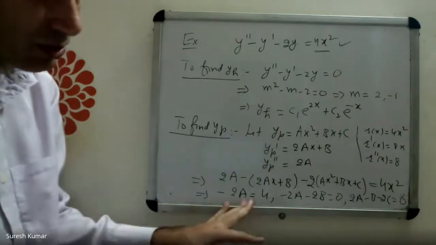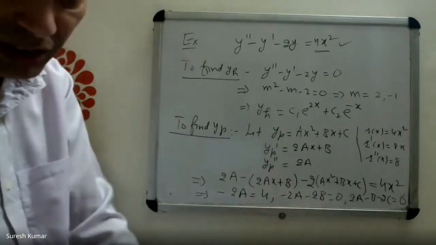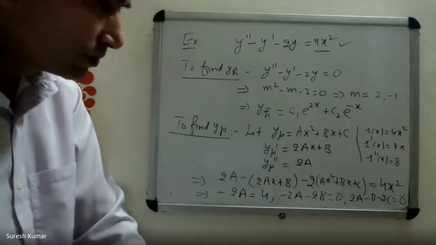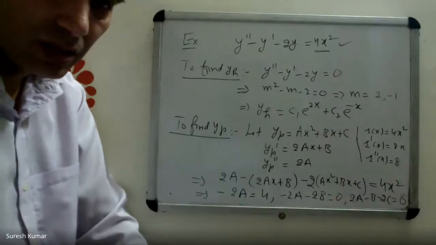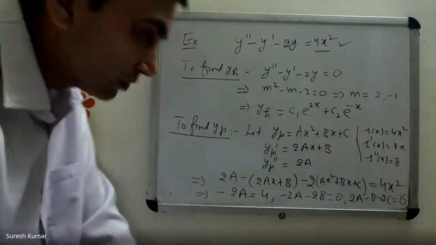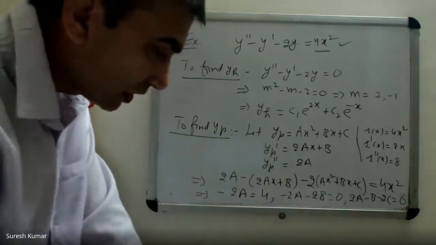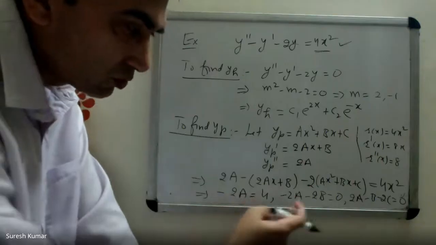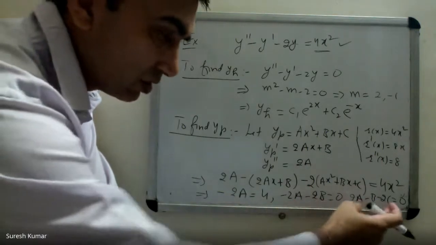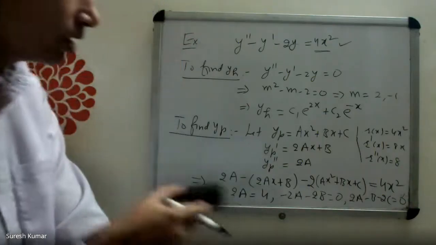Are you getting these three relations in a, b, c? Yes, sir. Okay, so what are the values of a, b, c after this? Values of a, b, c are minus 2, 2 and minus 3. If you solve these three, a is clearly minus 2 from here. Substitute the value of a here to get b, and then the values of a and b in the third relation to get c.